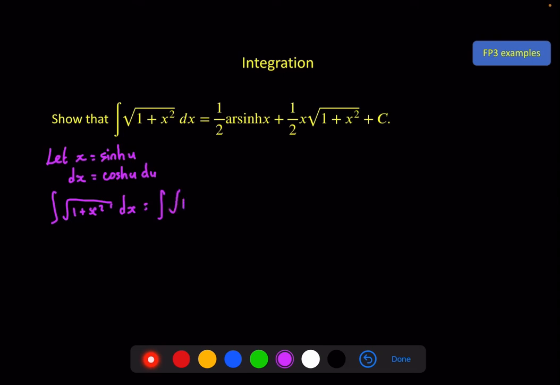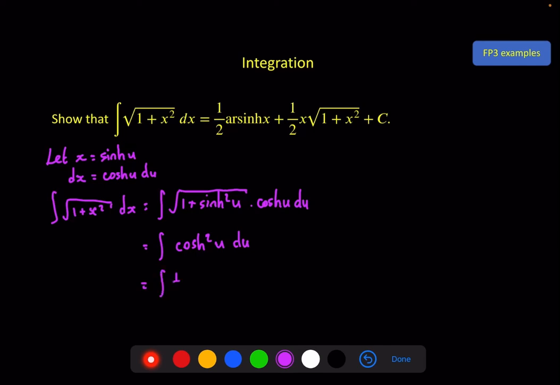So we've got 1 plus sinh squared u times cosh u du. And that will be cosh squared u du.